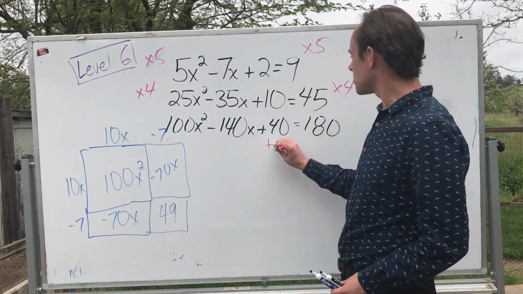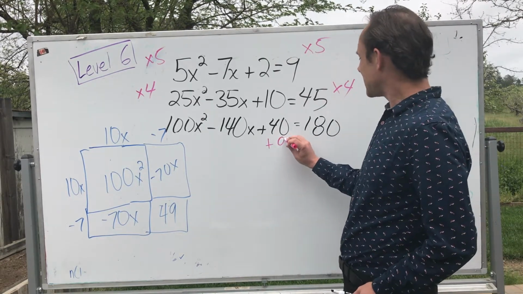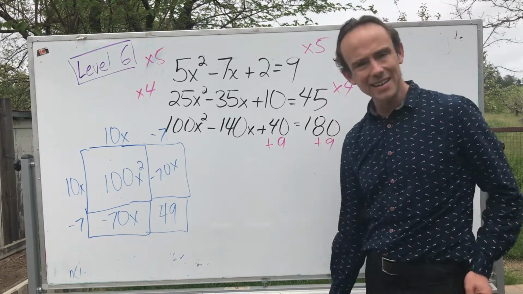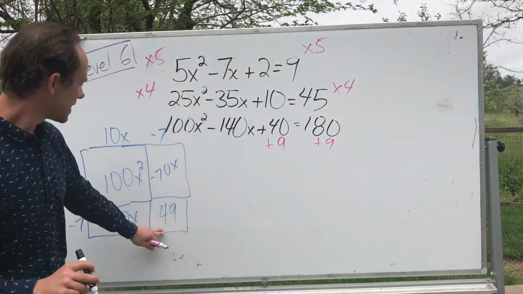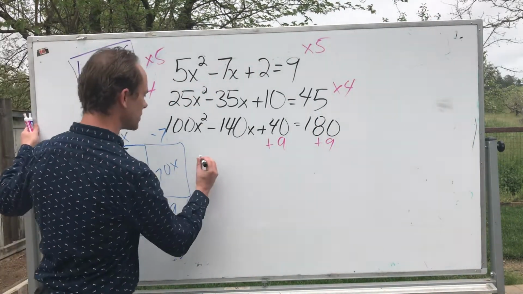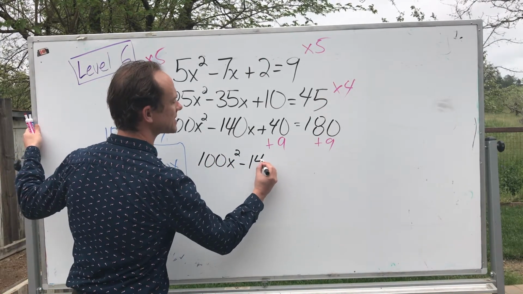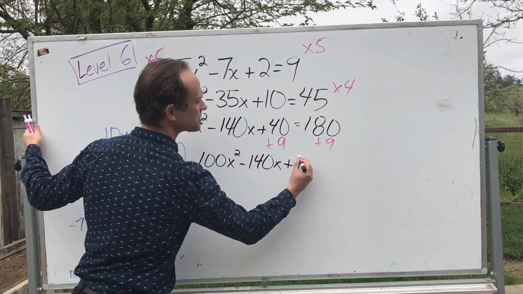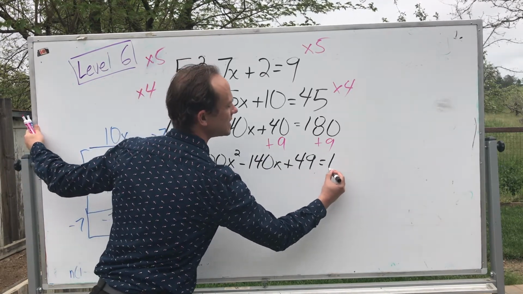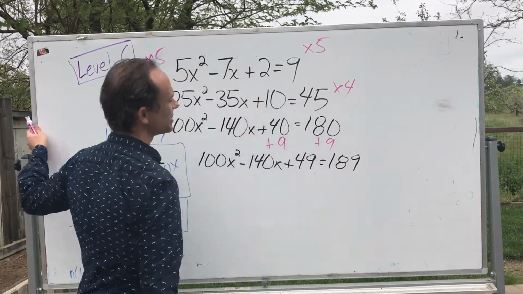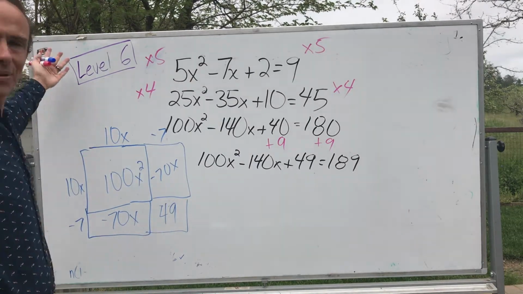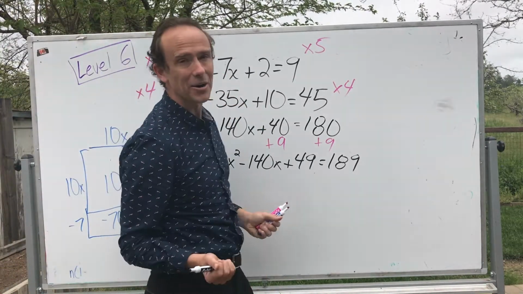Let's just do a plus 9 and a plus 9. That's going to get us the 49 that we want. 100x squared minus 140x plus 49 is equal to 189. So lovely. I knew it was going to work out beautiful.